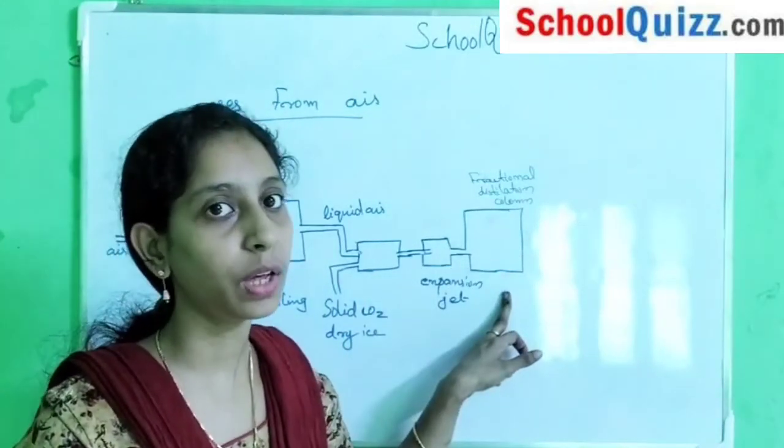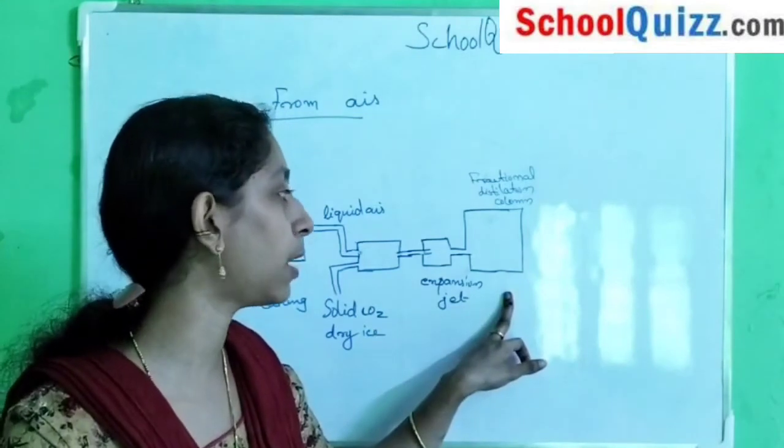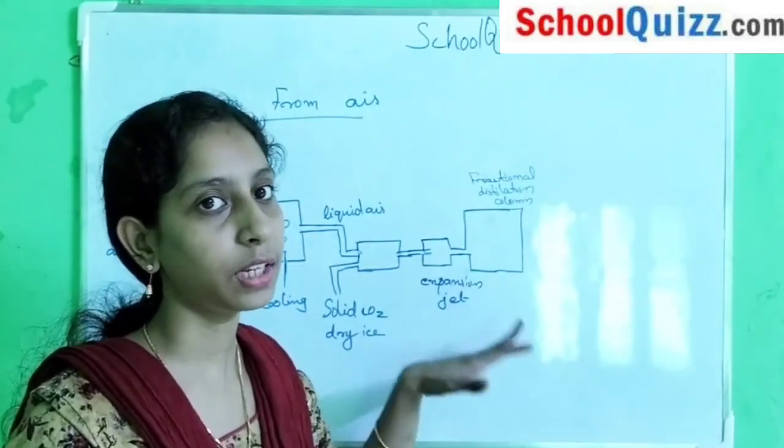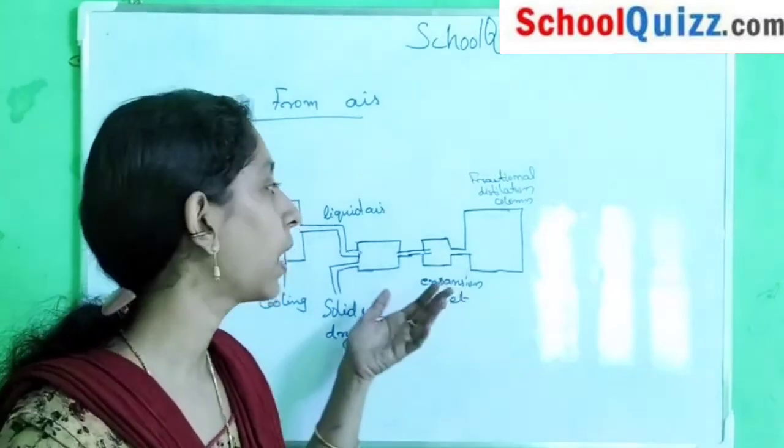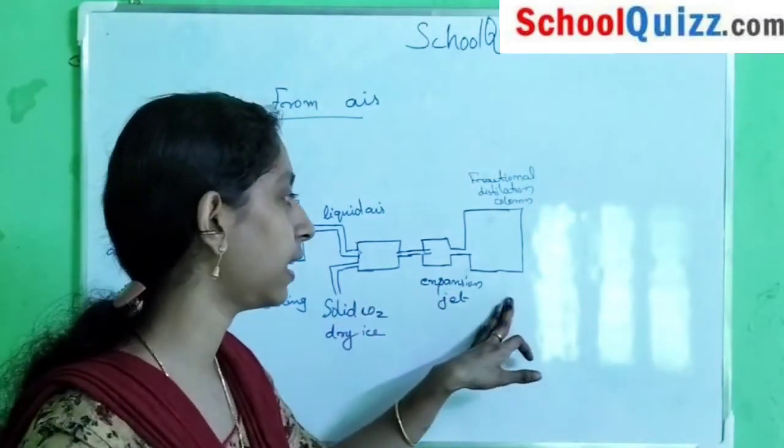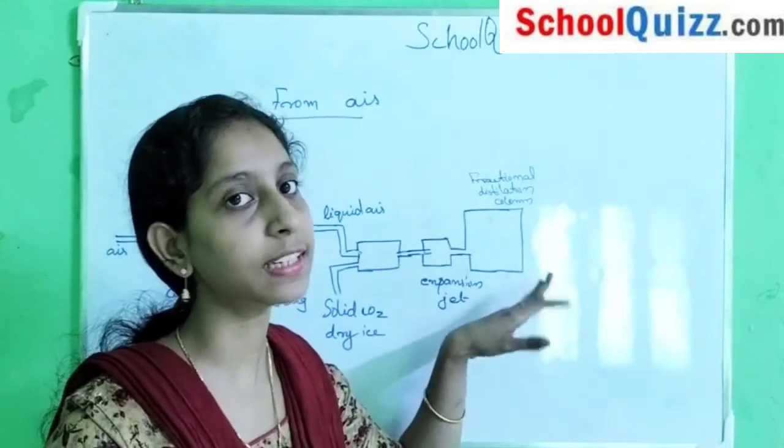Here the air slowly warms up and the liquid air changes again to the vapor state. So we can separate the different gases at different levels.